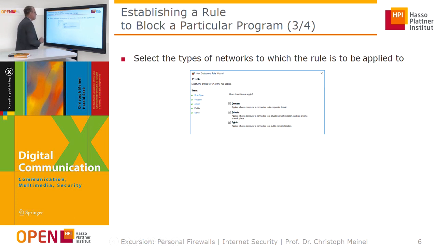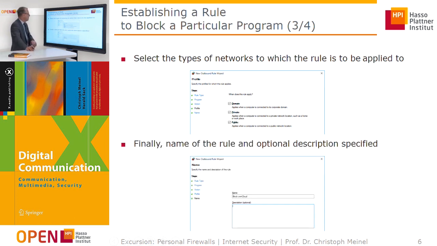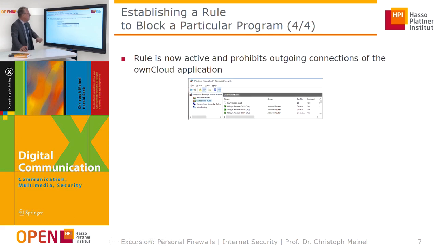So we can do the domain, we can do private, we can do public. And finally, we have to name the rule, and there's also the possibility to describe it, so for later remembering what it is. Here is the name of the rule, and then you can give a description.